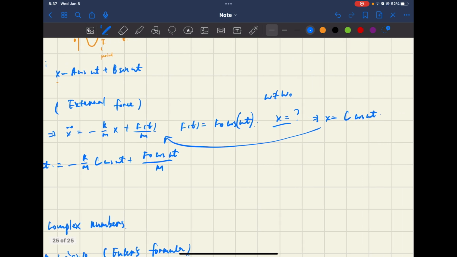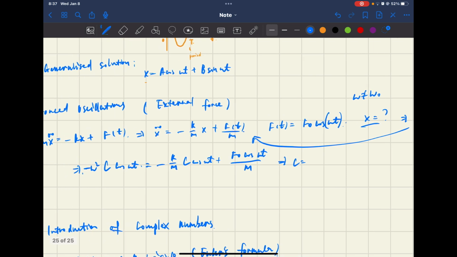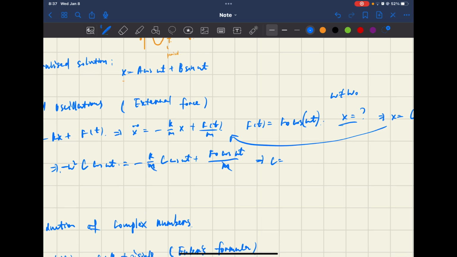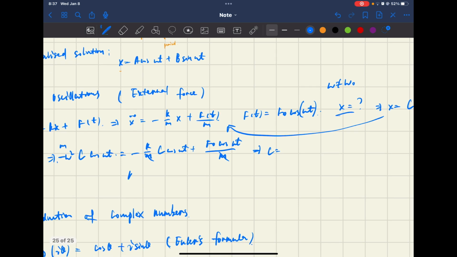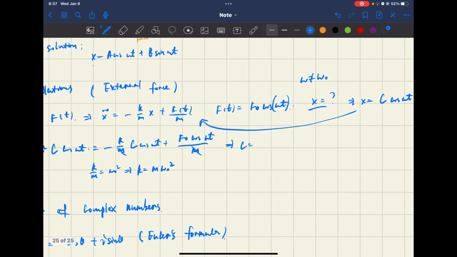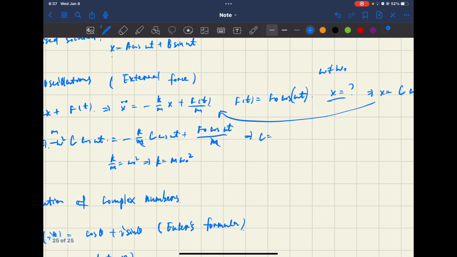We can now solve for c. Since k over m is equal to omega 0 squared, we can write k equal to m times omega 0 squared.